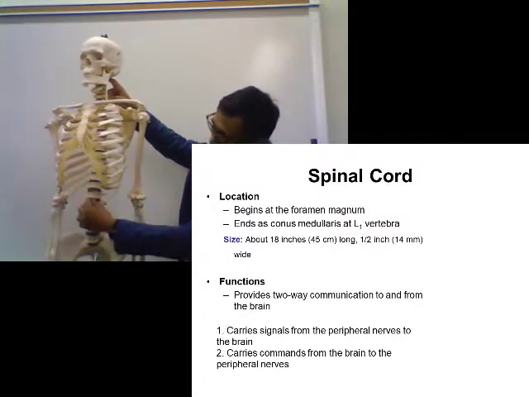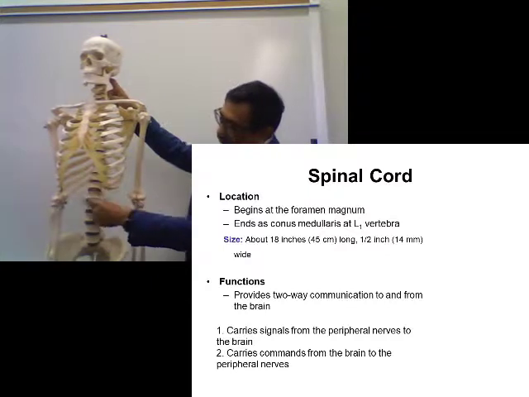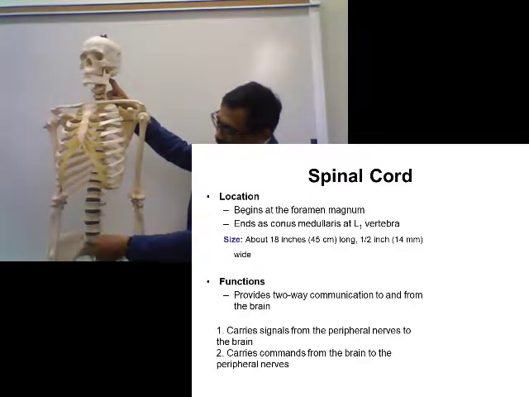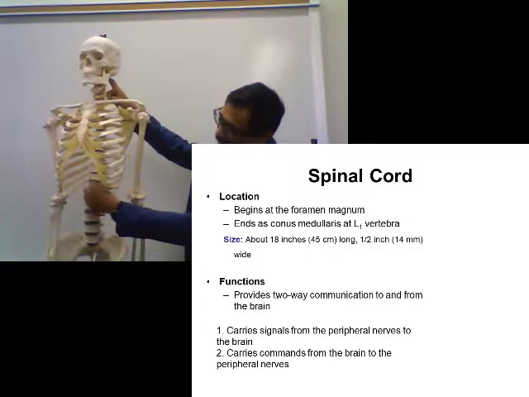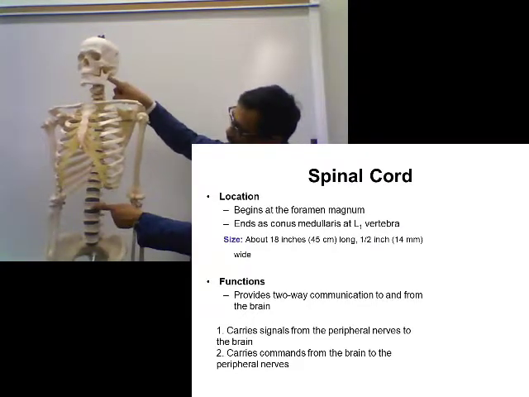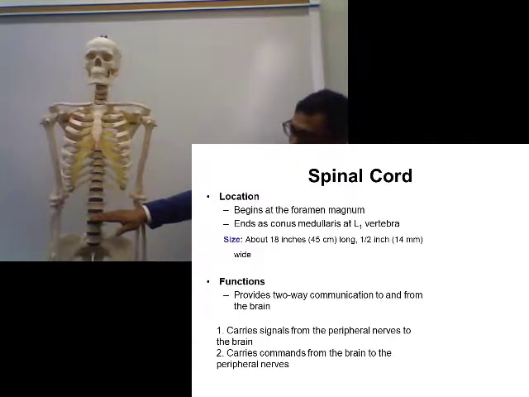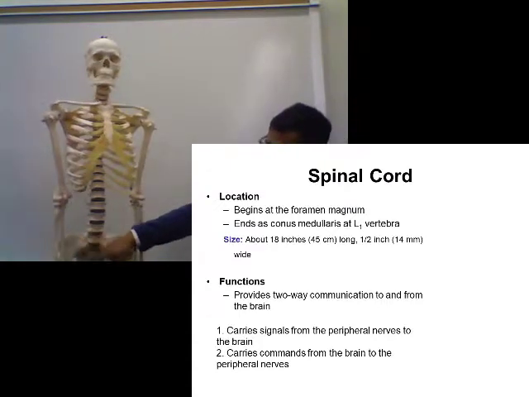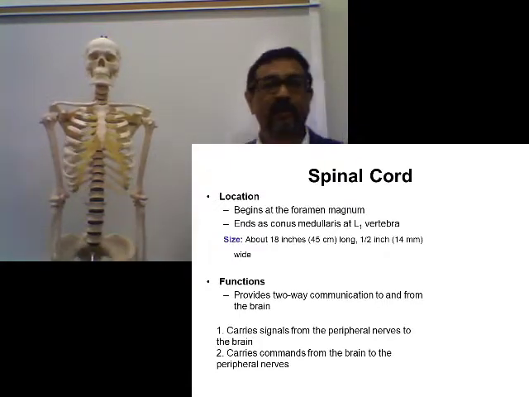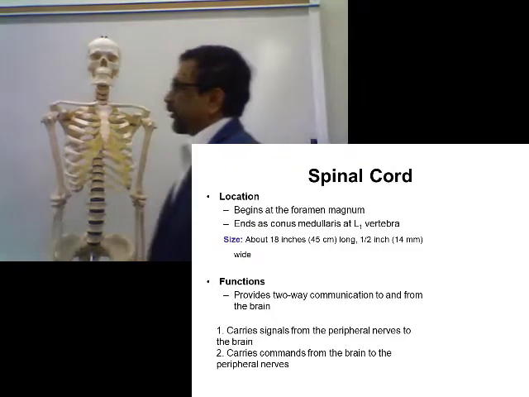The lower end ends at lumbar 1 or lumbar 2 vertebrae. So this is lumbar 5th, 4th, 3rd, 2nd, 1st. So either here or sometimes it goes to L2, lumbar 2. So that is the extent of the spinal cord. That means below L2, certainly there is no spinal cord. Make sense? So that's the extent.